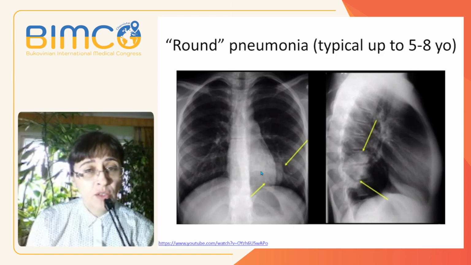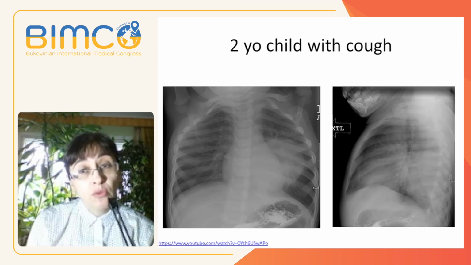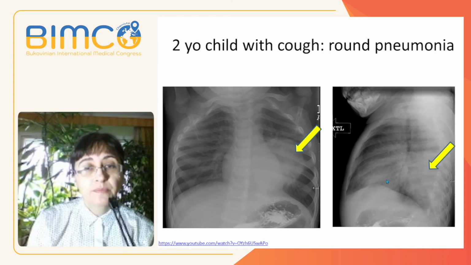It is not a mass like in adulthood, which may make you suspect something very serious like tumors. One more child who is 2 years old, having cough for several days, and you see the same round shape, which tells you that it is round pneumonia.